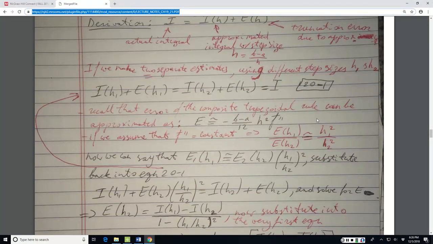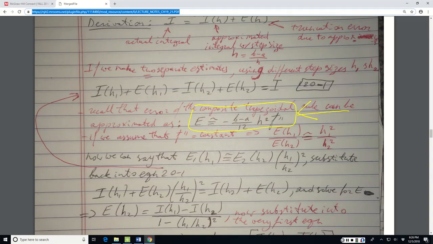And since we're pretending like we're using the trapezoidal rule, you'll remember the formula for the composite trapezoidal rule for the error. So this is the formula for the error, and in this formula, B and A are the range, right?